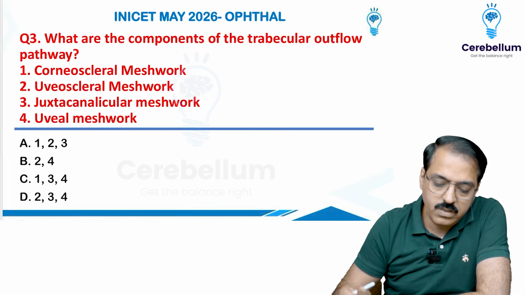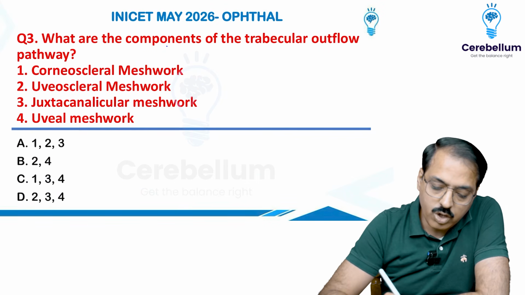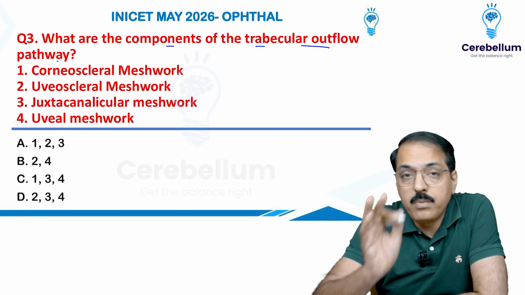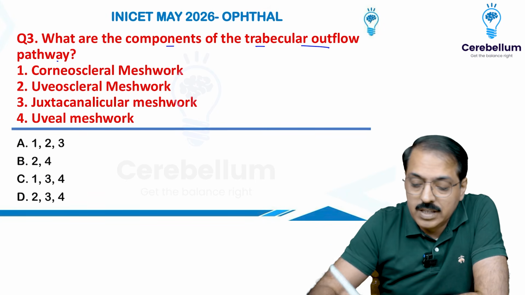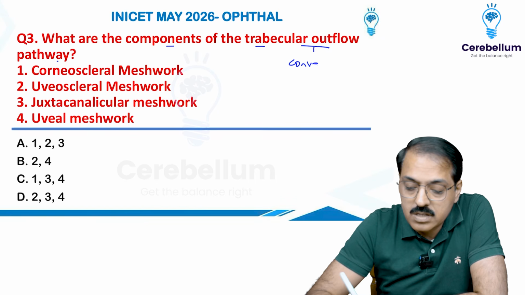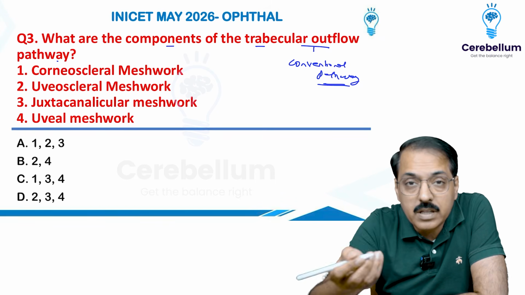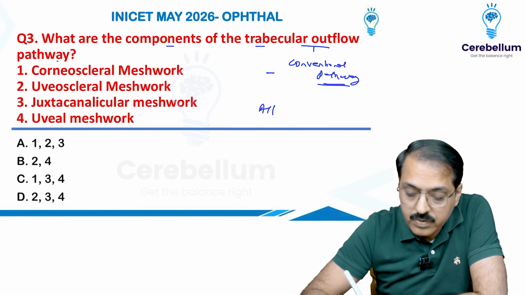Okay. Next was, what are the components of trabecular outflow pathway? So trabecular outflow pathway we have done. This is your conventional pathway. What was the other pathway? The alternate pathway. What is the name of the alternate pathway?